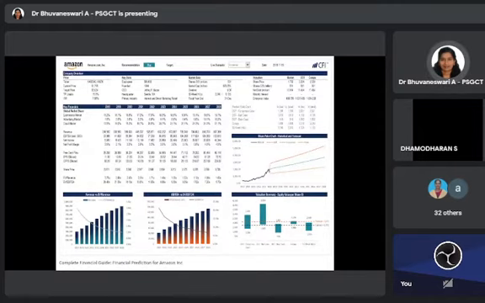In this analysis, you can see that the prediction is made from 2018 till 2028. It's been made for 10 years.